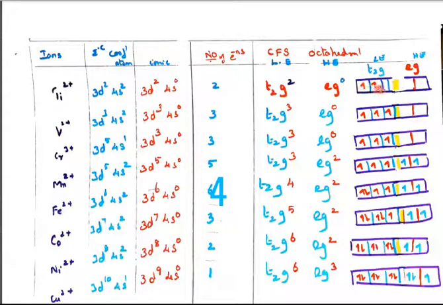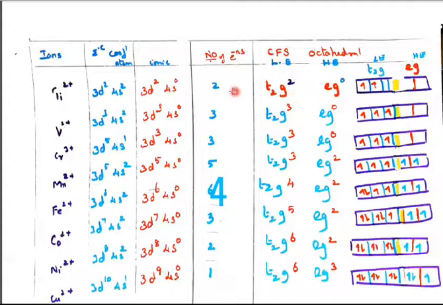Actually there are 5 boxes, 1, 2, 3, 4, 5. In the 5 boxes I have split into 2 sets, which I have written in yellow color: lower energy t2g and higher energy eg. First fill the electrons in t2g and then go to eg.